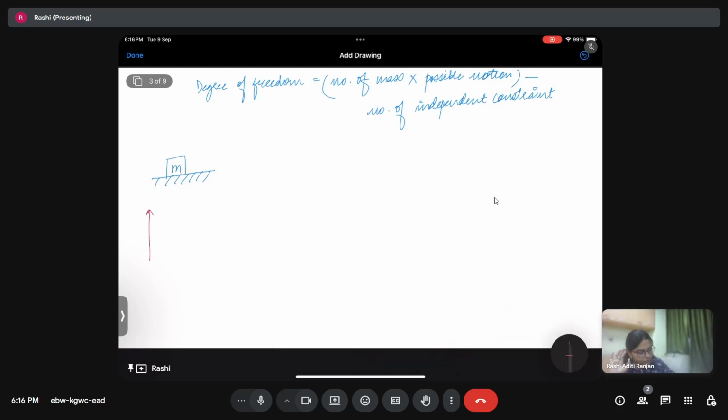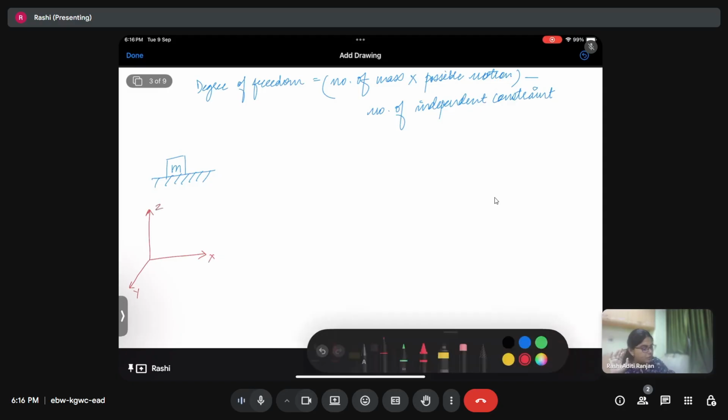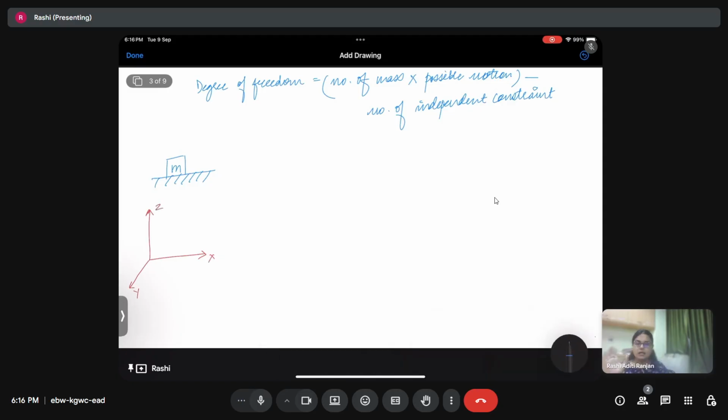We have the three coordinates x, y, and z. So any mass can have 6 degrees of freedom: translation along x, translation along y, translation along z, and then rotation around x, rotation around y, rotation around z.